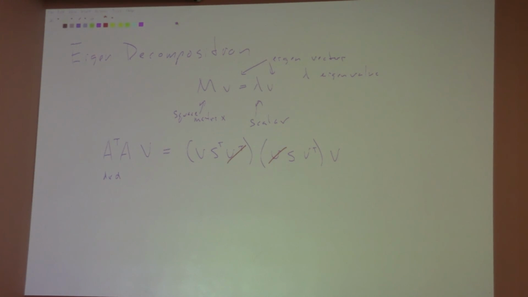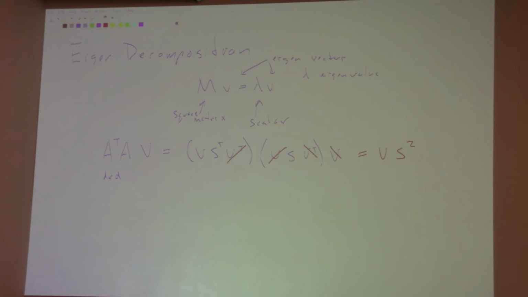Then I can ignore the zero part of this S matrix, and V transpose V also cancels out. So I can write this as V S squared.